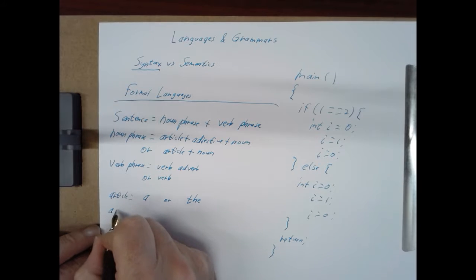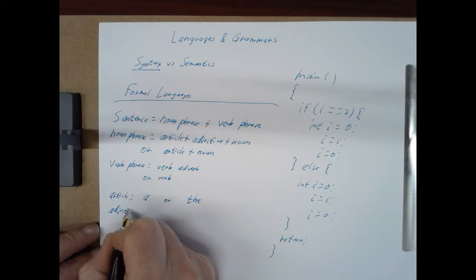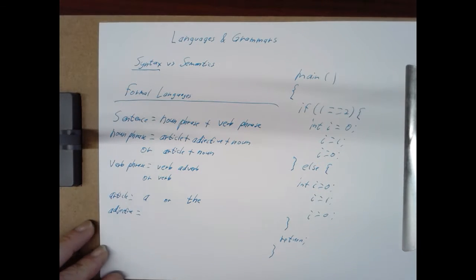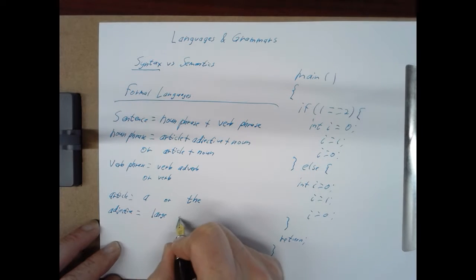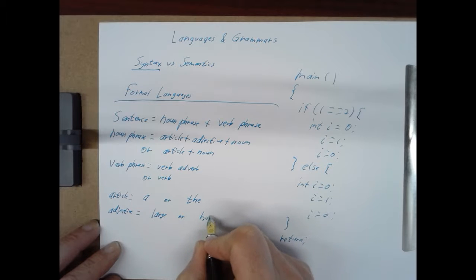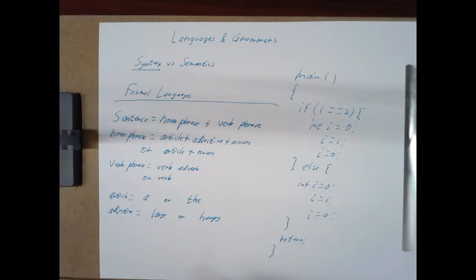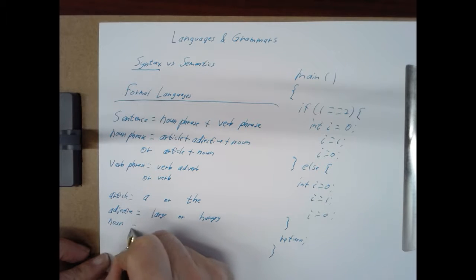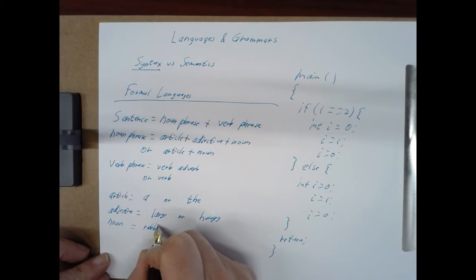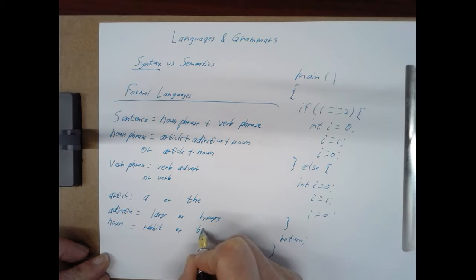An adjective is either large or hungry. A noun is a rabbit or a teacher.